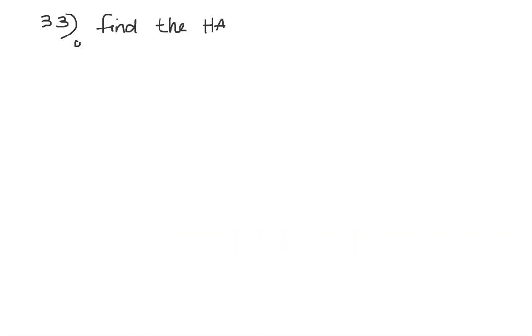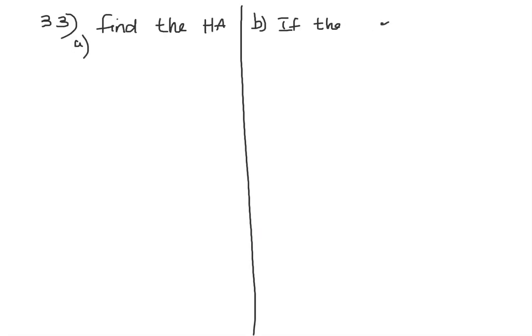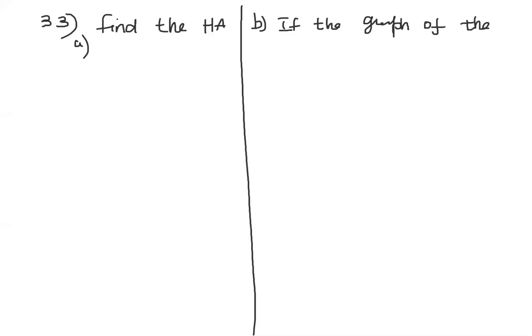Part B, we have to check if the graph of the function has a horizontal asymptote, then find the point, if any, where the graph crosses the horizontal asymptote.